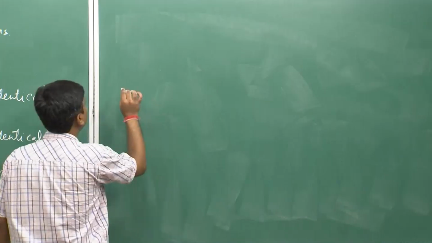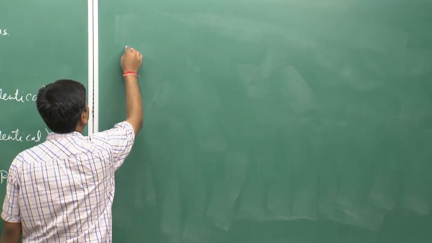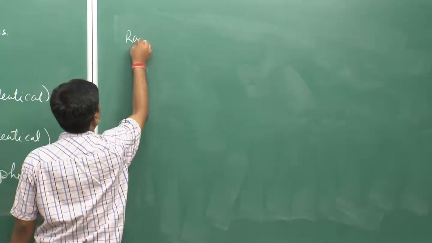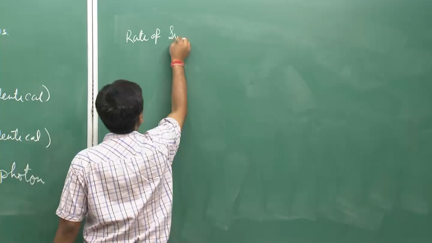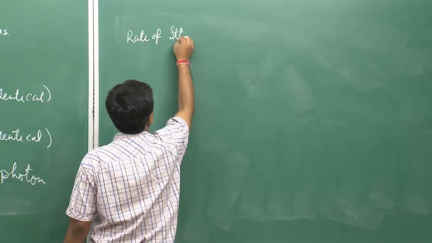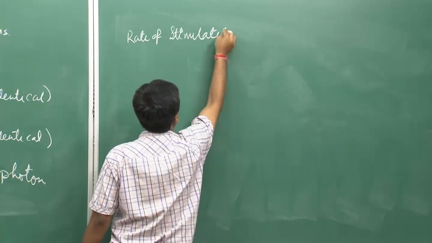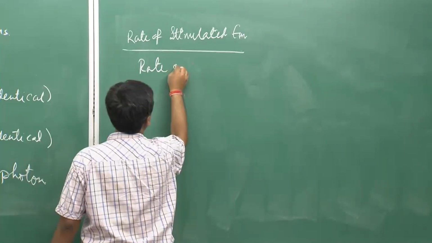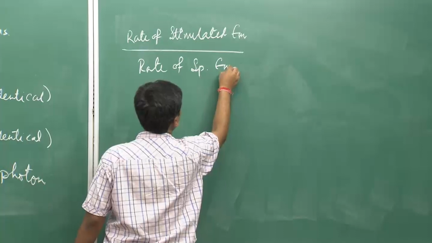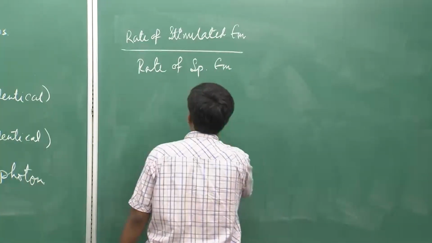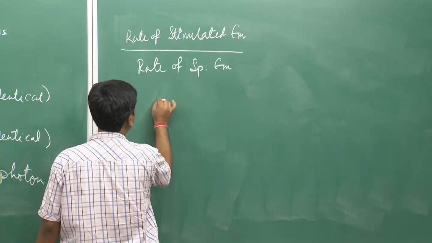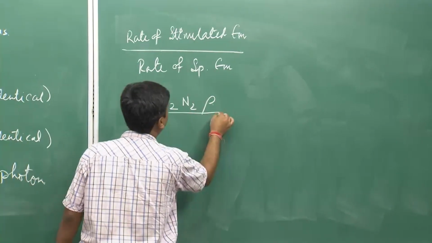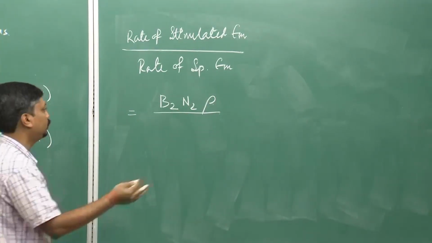We saw the rate of stimulated emission by rate of spontaneous emission, this I can write like B21 into rho. I am not using the h nu 12, just for simplicity.